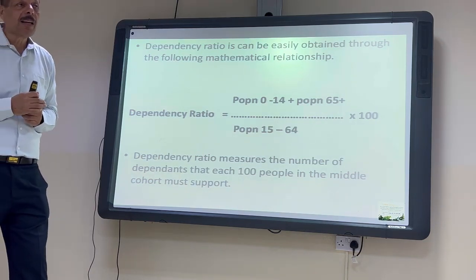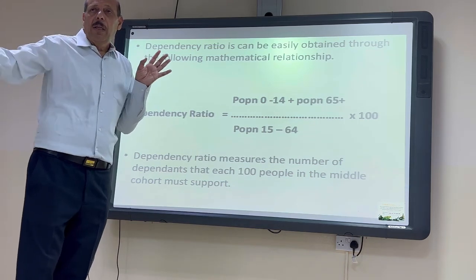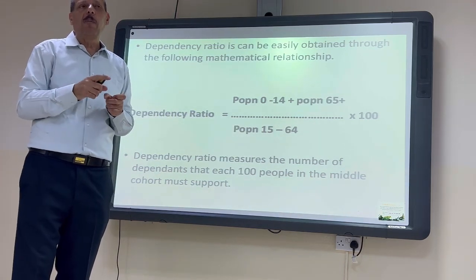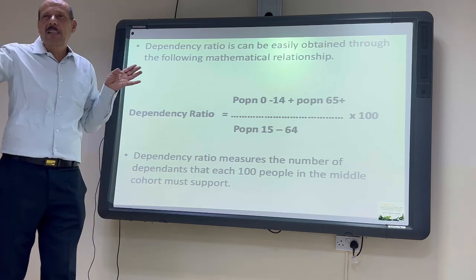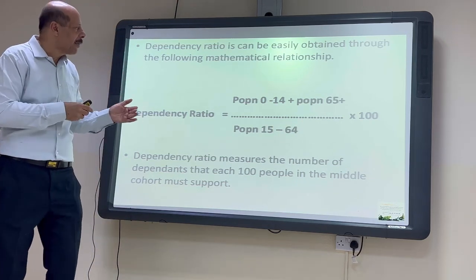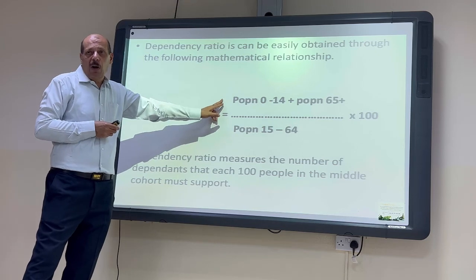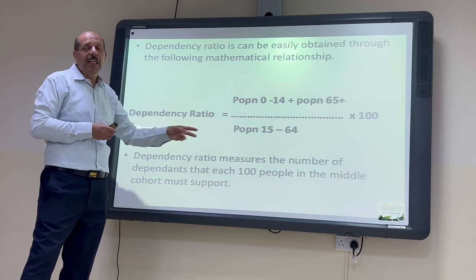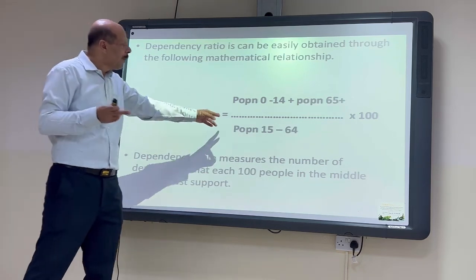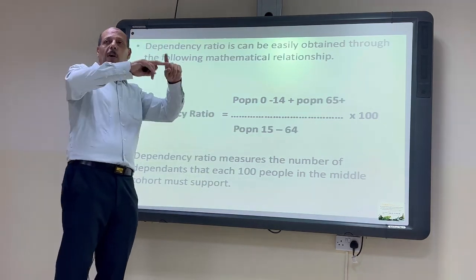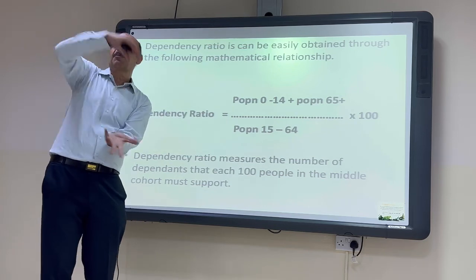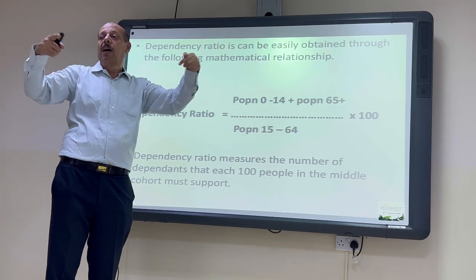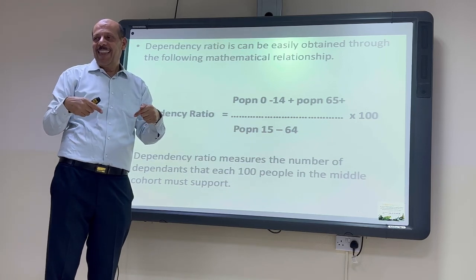In some countries, if we look at the structure of the population, we might find a huge number of people under the age of 14. So they are dependent. In some other countries, you may find the structure is upside down, and those who are over 60 or 65 are more than the others.